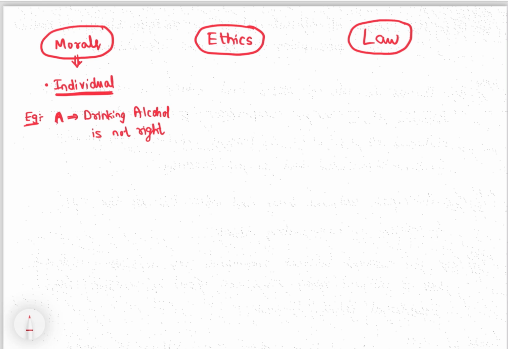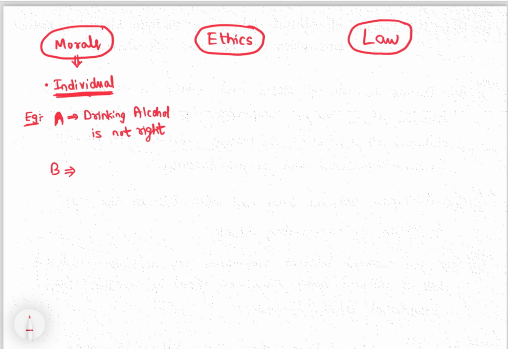So that is the morals of an individual. If he thinks drinking alcohol is not right or immoral, right? So he doesn't drink, okay. And say B thinks drinking alcohol is normal, drinking alcohol is right, so he drinks. So that is, morals are individual.